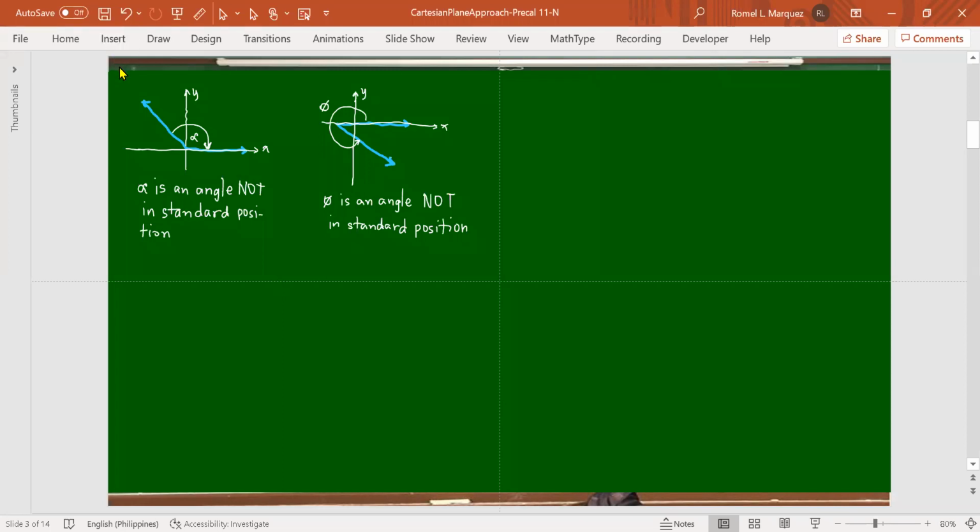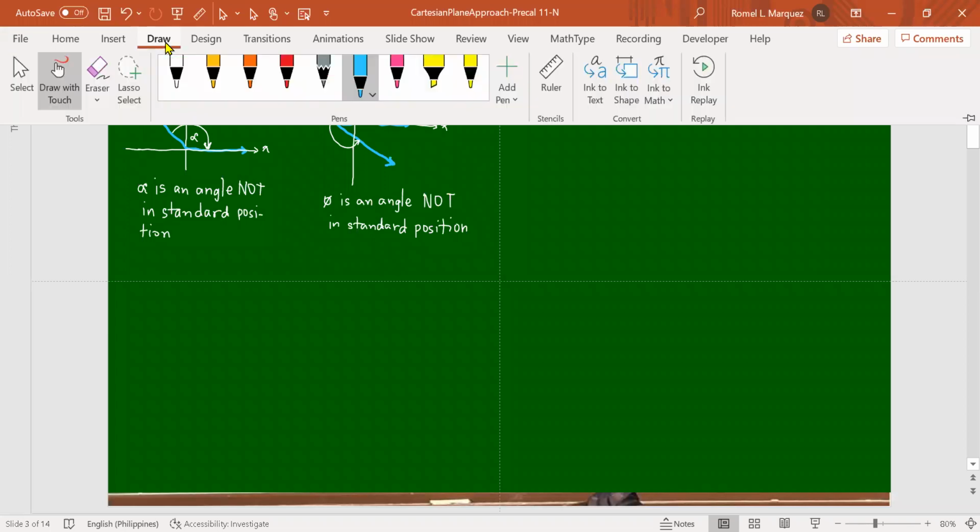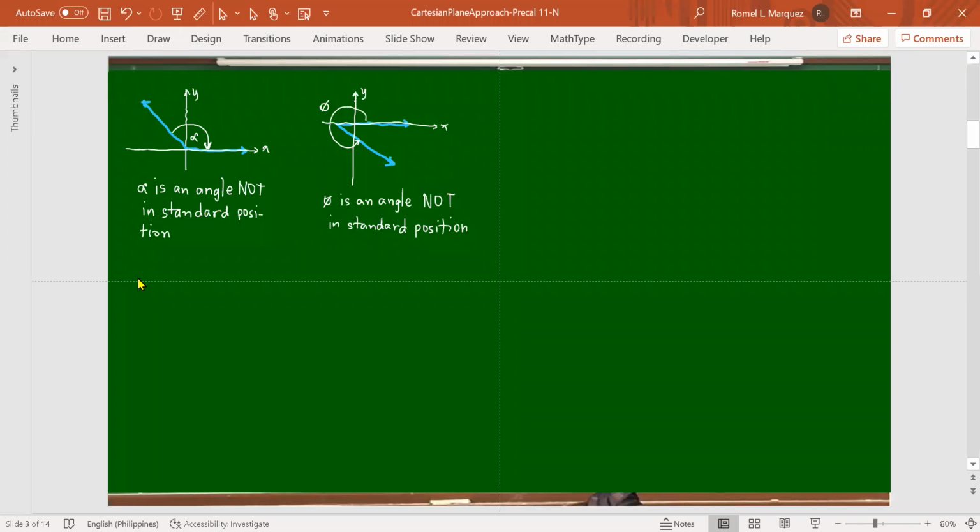Now, another concept you can associate with an angle in standard position is what we call coterminal angles. By the way, let's say I ask you to draw the given angle.